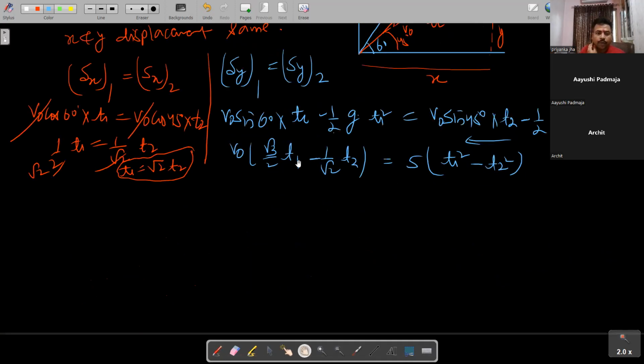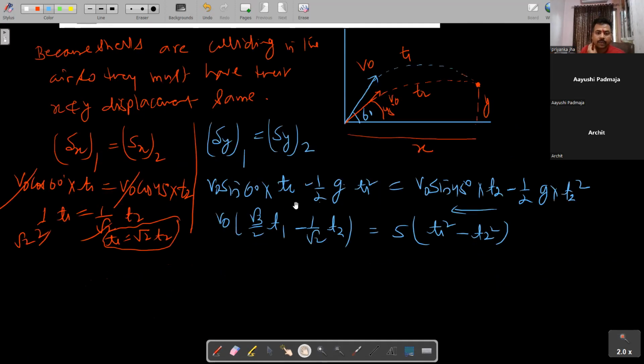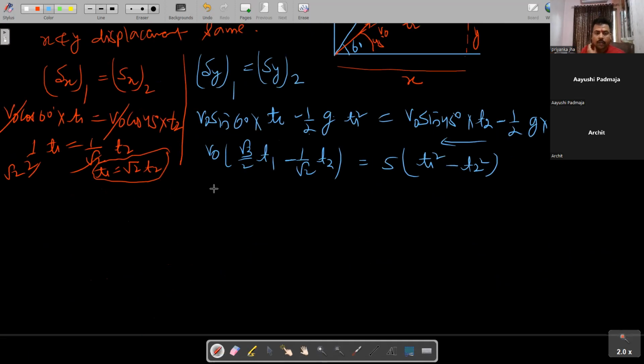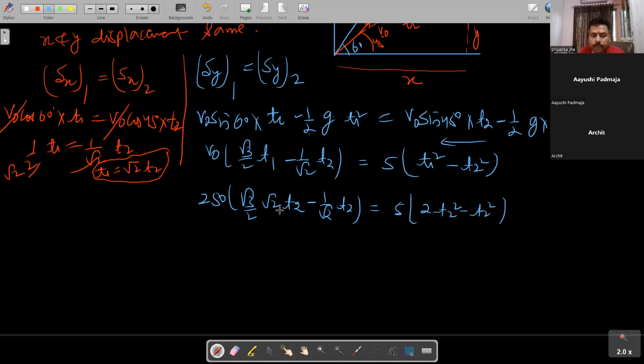We have to now solve it. See, the value of V naught is 250 meter per second. So 250 into root 3 by 2, and the value of T1 is root 2 T2. So root 2 T2 minus 1 by root 2 T2 equals 5 times T1 square minus T2 square. T1 is root 2 T2, so the square of that is 2 T2 square minus T2 square.